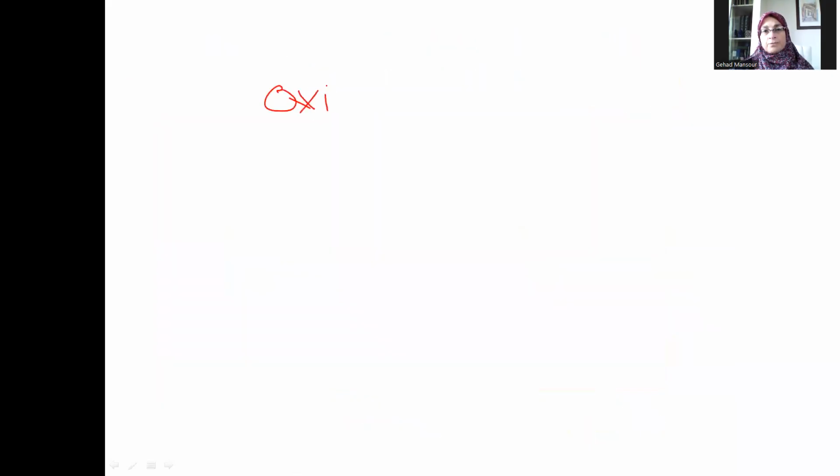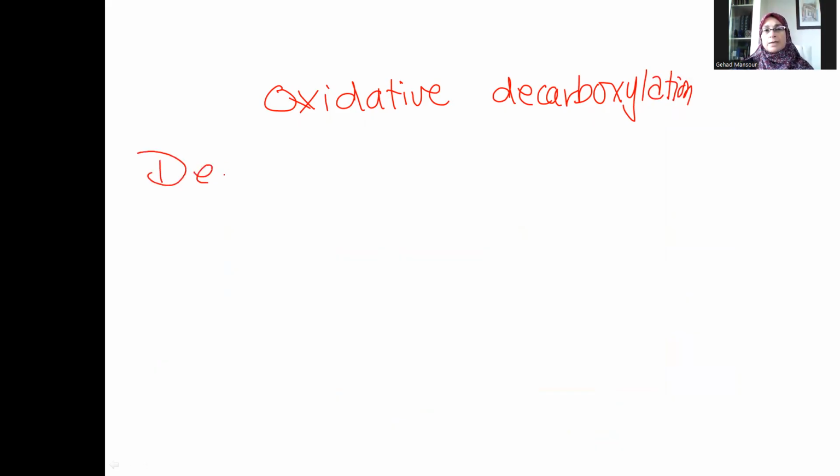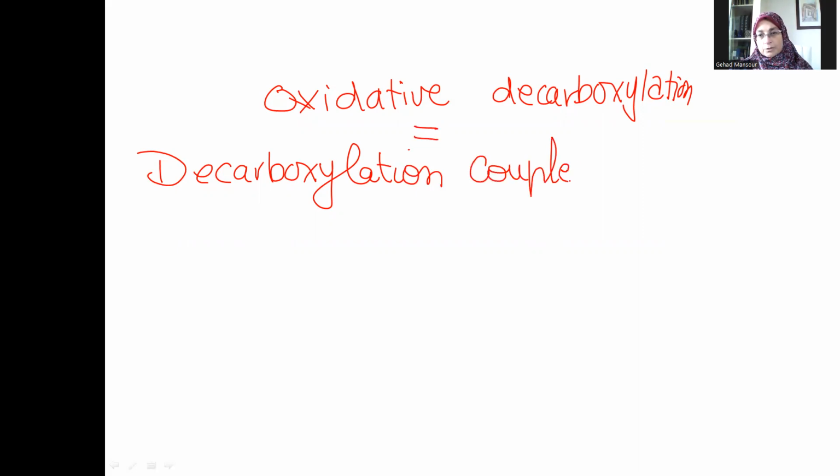So oxidative decarboxylation means decarboxylation that is coupled with oxidation. Once you have this suffix -ive, then it is coupled with. So decarboxylation coupled with oxidation.